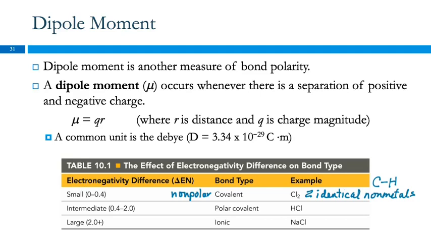So if we have a polar covalent bond, that's when we have two different nonmetals. The example there, hydrogen chloride, both nonmetals, but they're not the same.